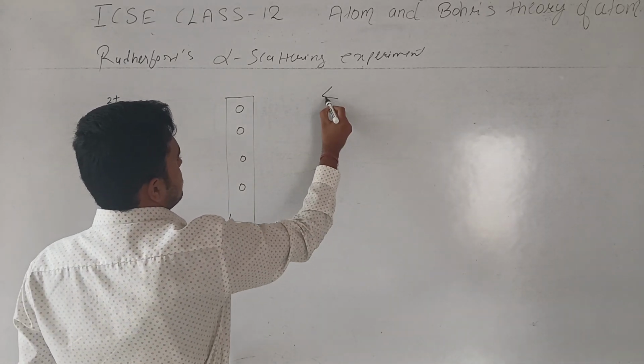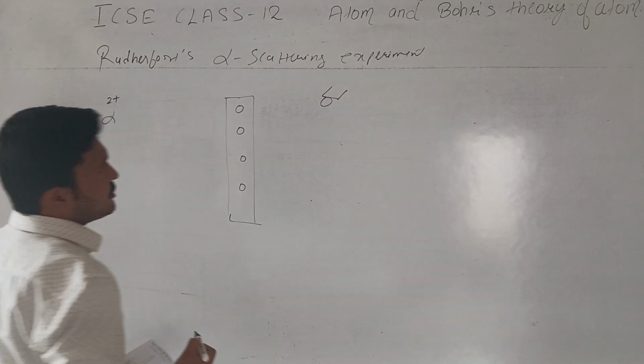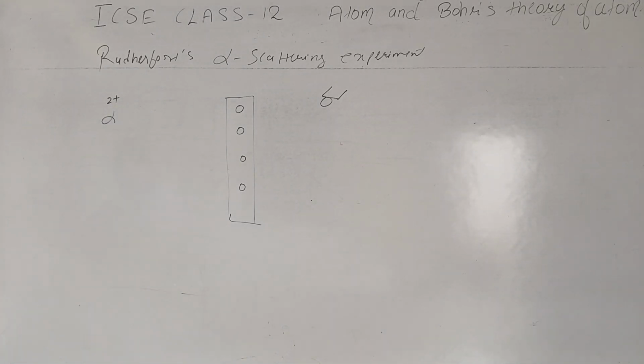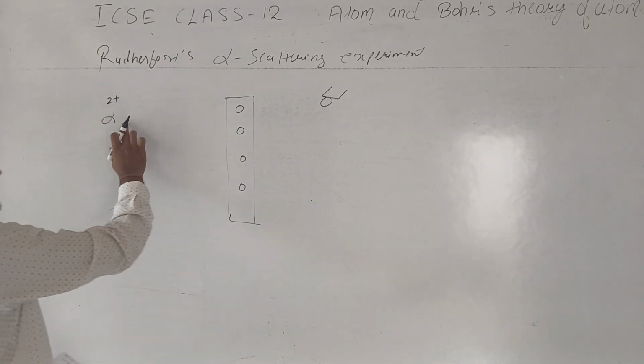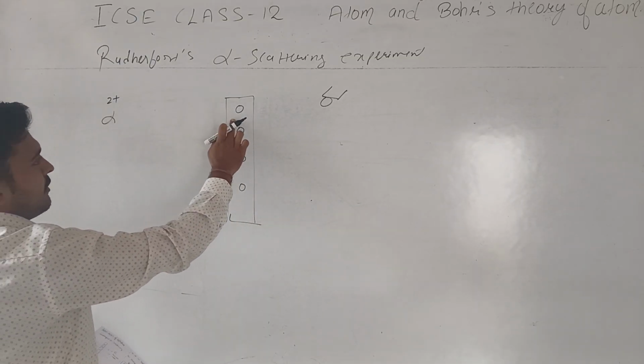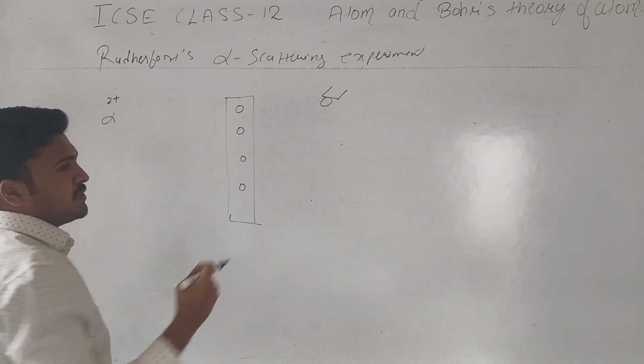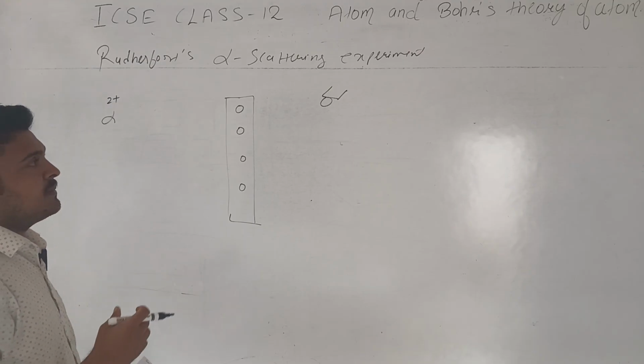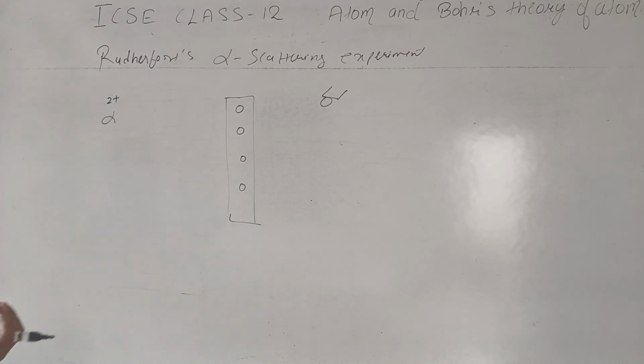There was a scintillation counter here, a device to count the number of alpha particles which pass through it. When an alpha particle passes through the foil, it strikes here and produces scintillation. Scintillation means like fluorescence, tiny fluorescent lightning. So this is alpha, two positive charge.